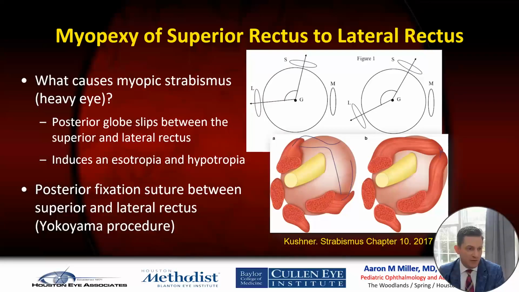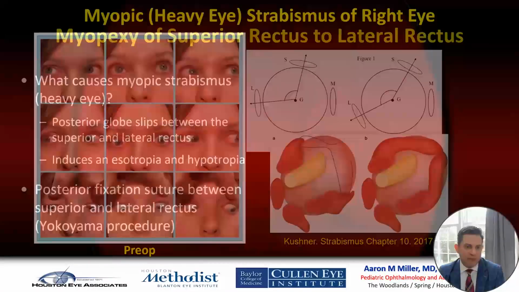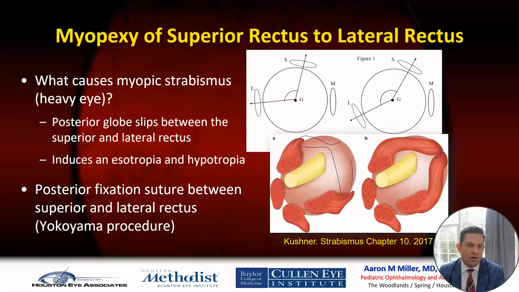I've seen lots of drawings of the anterior view of this, but this posterior view is a great representation of what exactly is happening when you do this and re-pull the eye. And it also explains why this affects and helps heavy eye, the highly myopic strabismus patients, and that it helps stabilize the globe and prevents that posterior subluxation of the globe.